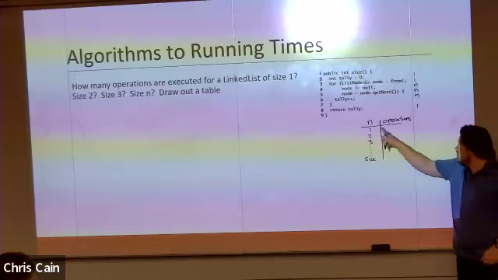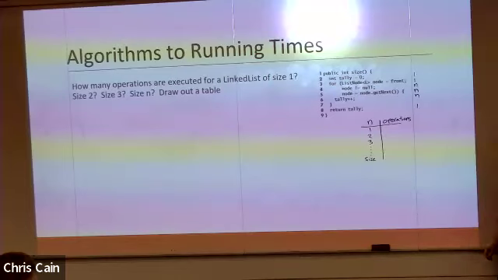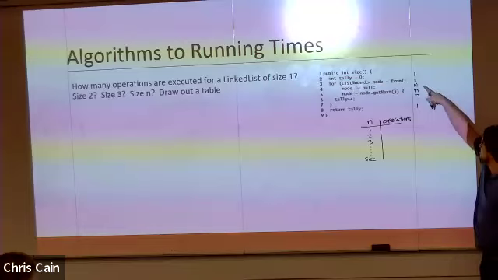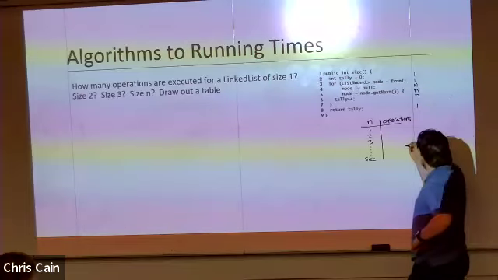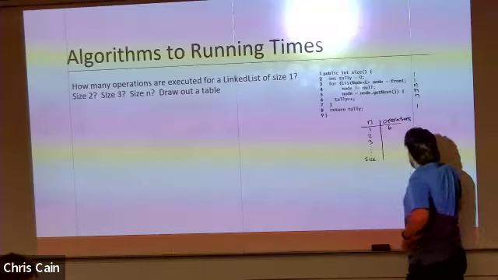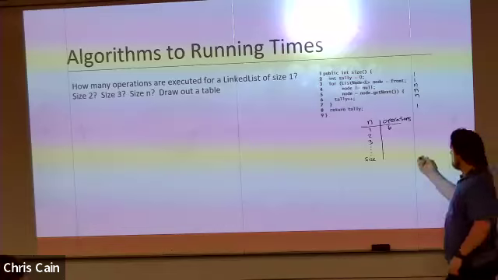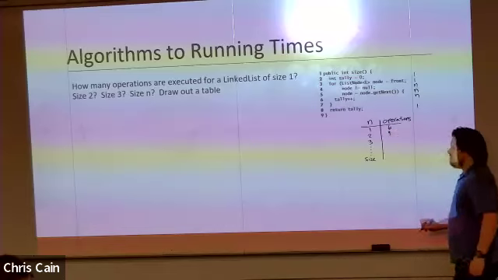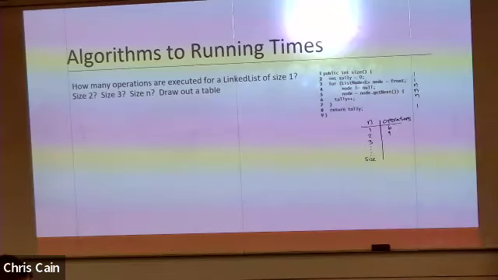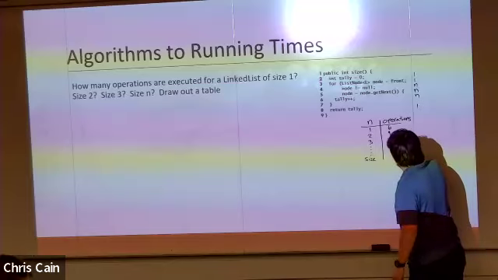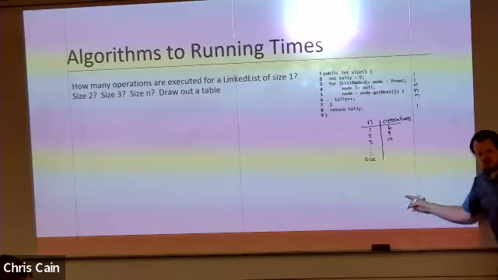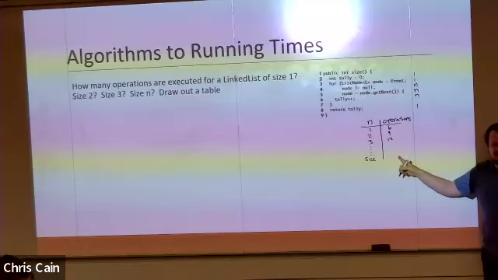So when n is 1, how many operations are done? 1, 2, 3, 4, 5, 6. When n is 2, how many operations are done? 9. When n is 3, how many operations are done? 12. Abstracting what this pattern would look like if we continued, what does it look like for size?